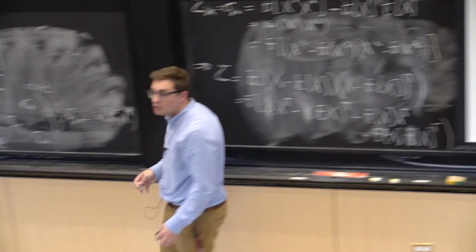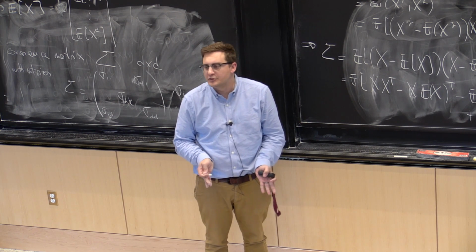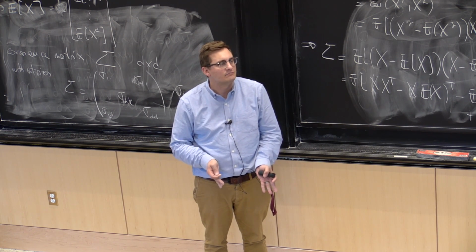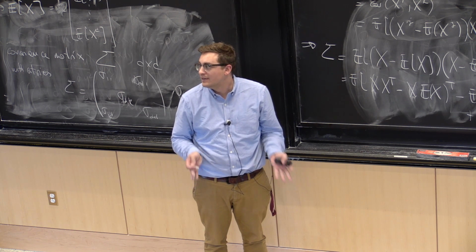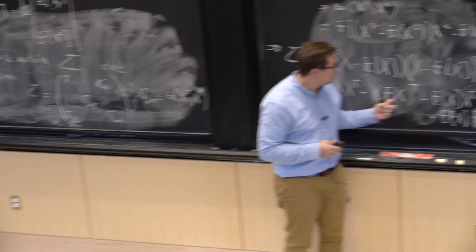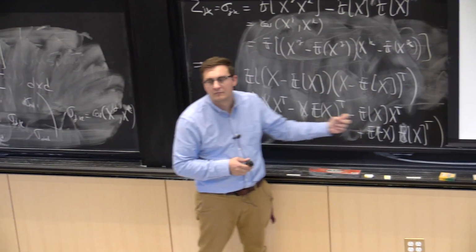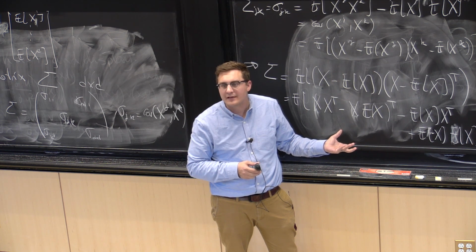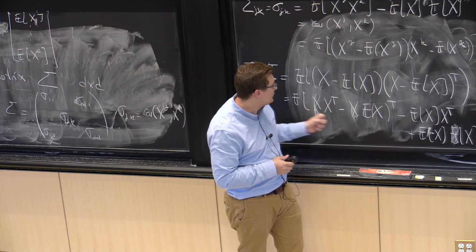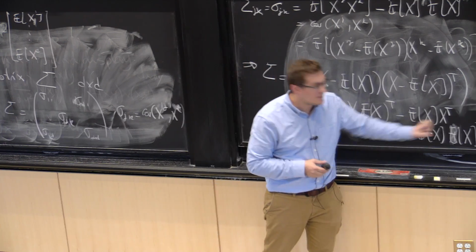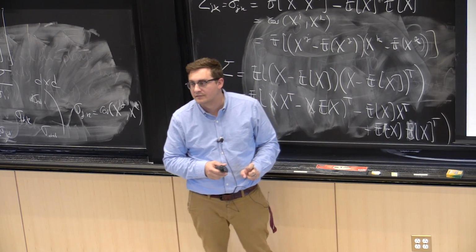Now, things could go wrong, because the main difference between matrices slash vectors and numbers is that multiplication does not commute, right? So in particular, those two things are not the same thing. And so that's the main difference that we have before, but it actually does not matter for us, because when I take the expectation of this guy, it's actually the same as the expectation of this guy. OK?